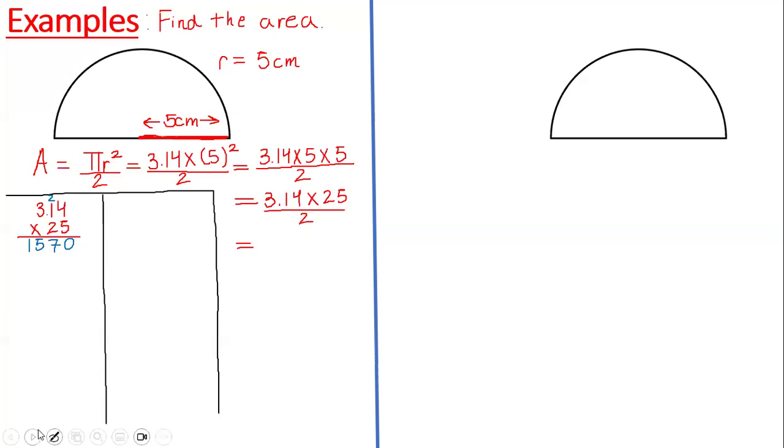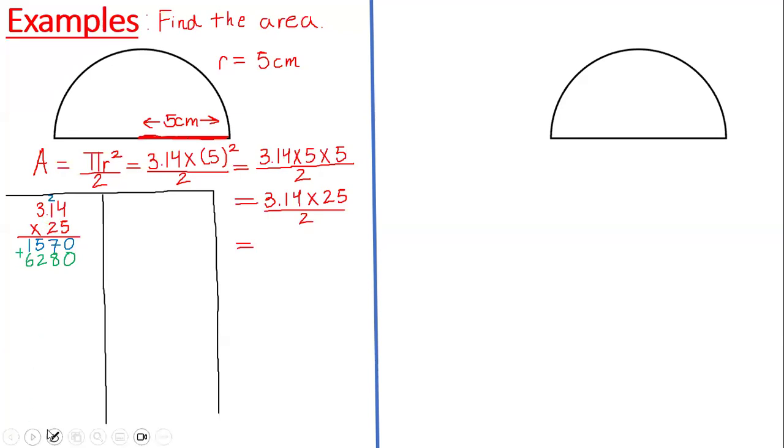Now we put a placeholder, so we put a 0 here. Then we multiply by 2. 2 times 4 is 8. 2 times 1 is 2. 2 times 3 is 6. And we add them together.